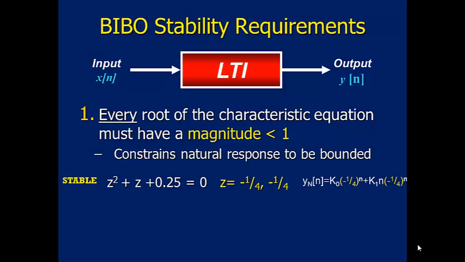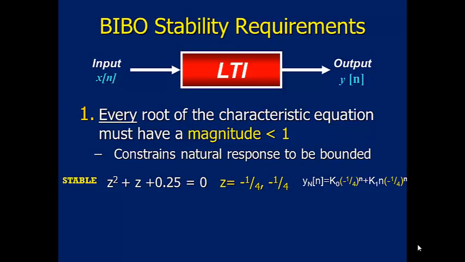Even though, remember, the natural response is going to be some k times minus 1/4 to the n, and because of repeated roots, I'm going to have an n times. That's a little scary to me, because I have an n that is growing with n, as n increases, right? But it turns out this fractional value, this 1/4 to the n, is going to converge faster than this diverges. It's going to keep it under control.